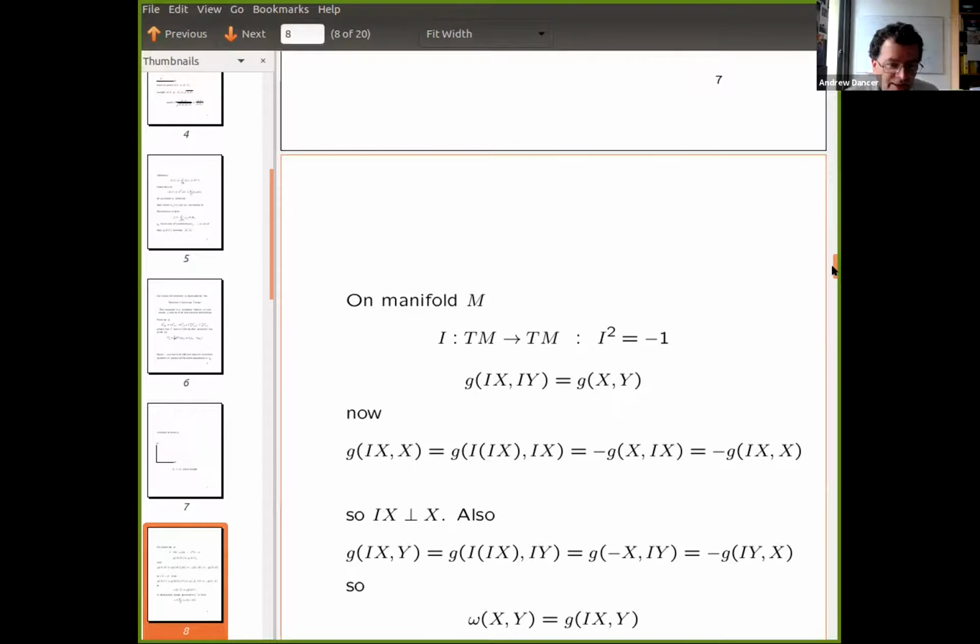How does it tie in with the metric? Well, as we said, multiplying by i should preserve lengths in the metric. So we would hope to consider metrics that are compatible with the complex structure, in the sense that g(Ix, Iy), the inner product of Ix and Iy, is the same as g(x, y).